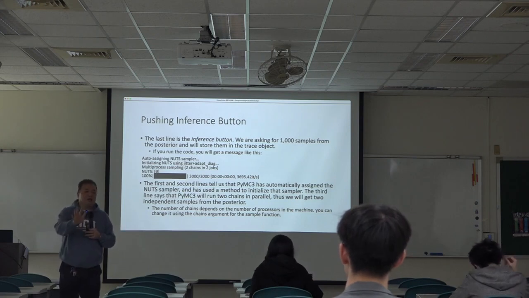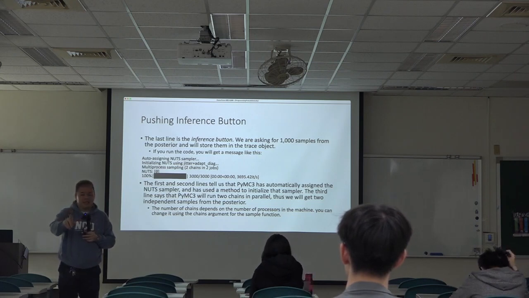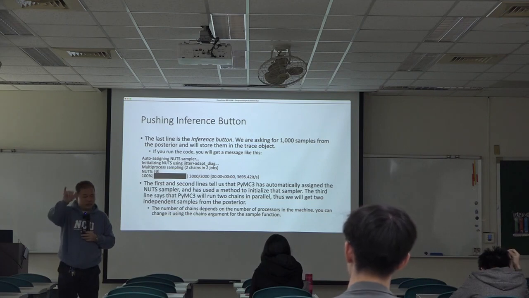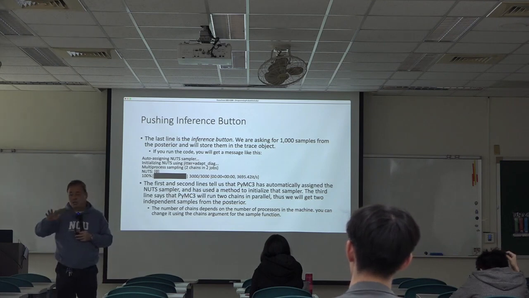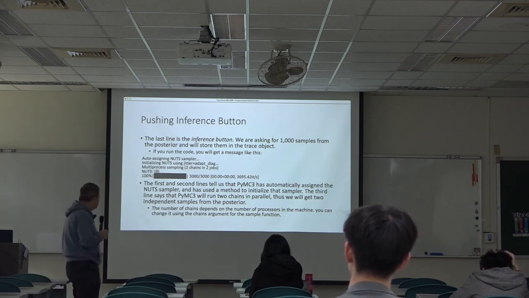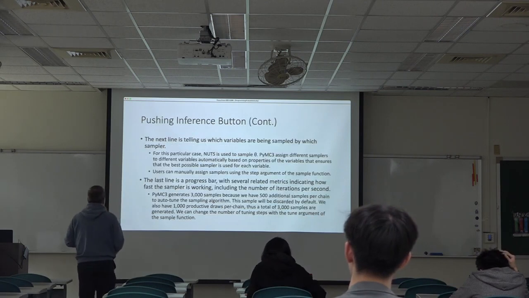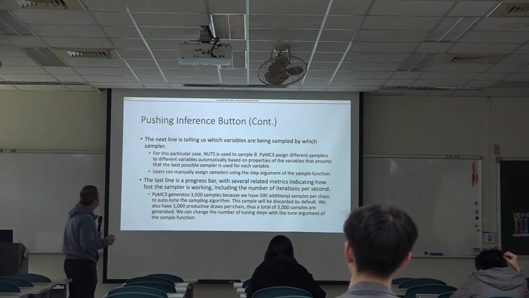If that's 6 chains, then how many samples will be collected? It's actually not 6,000, right? It's 1,500 times 6, 9,000. Okay, so I will skip this. I already explained this for you.